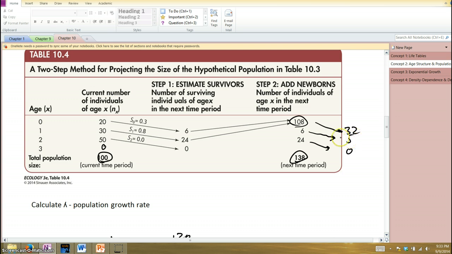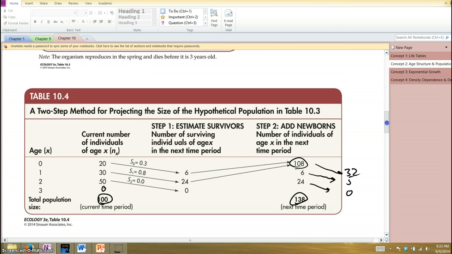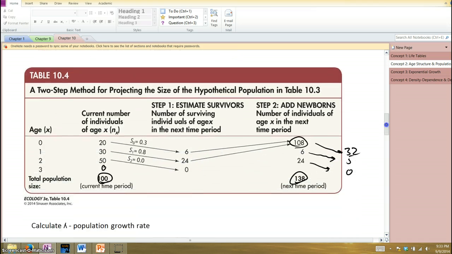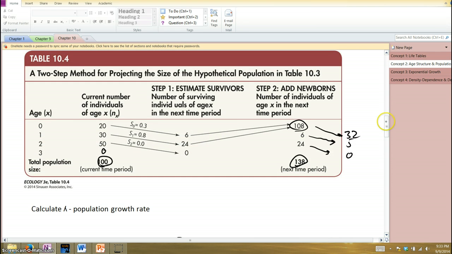Now, these 37 individuals are going to have offspring. Again, the ones at stage 1 have 2 each, and the next ones have 4 each. So that's going to give us combined 84 individuals that are born that year, plus the 32 at stage 1, plus the 5 at stage 2, the 0 at stage 3. That gives us a population of 121 individuals.